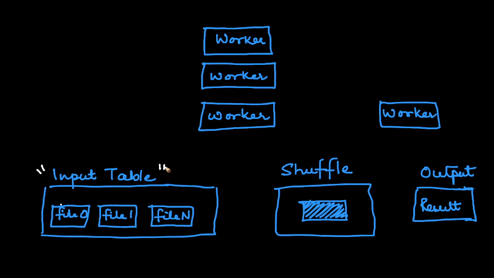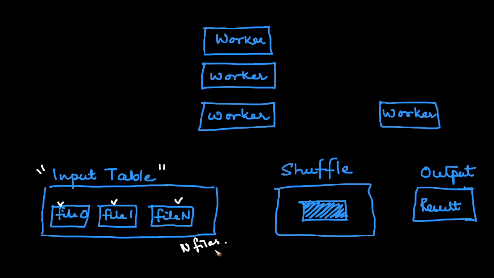But just imagine right now that any given input table is broken down into multiple different files residing in some storage. I have named them file 0, file 1, up to file n. So let's say there are n files for any given table.